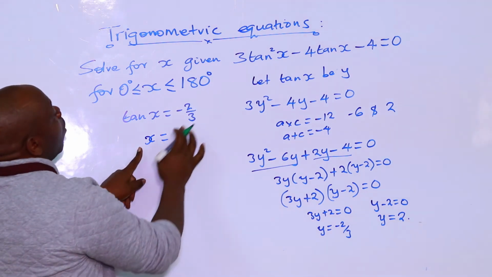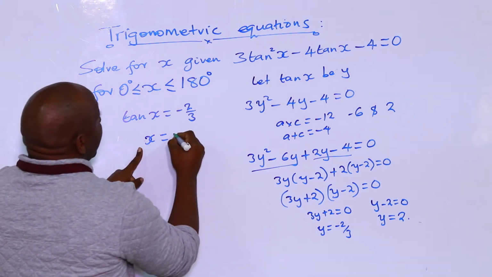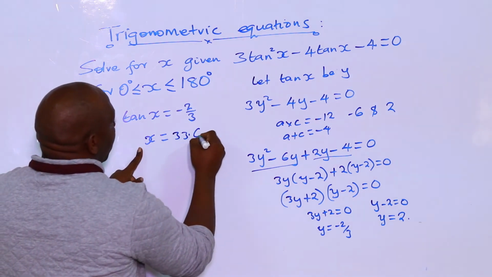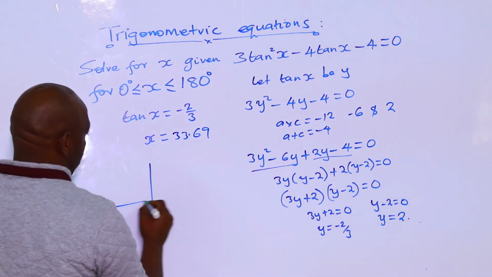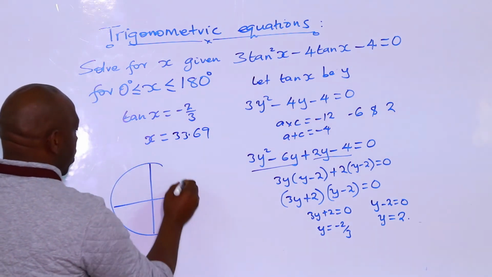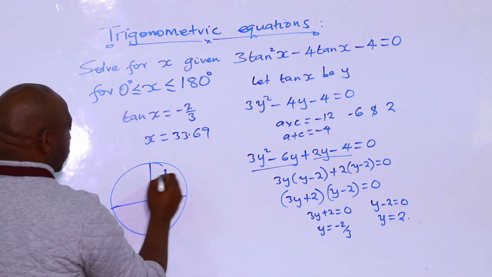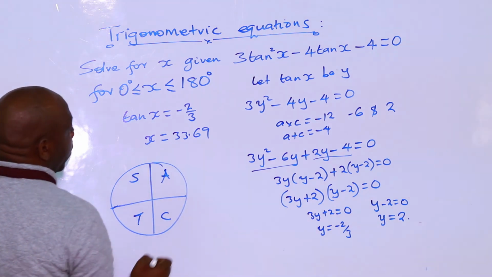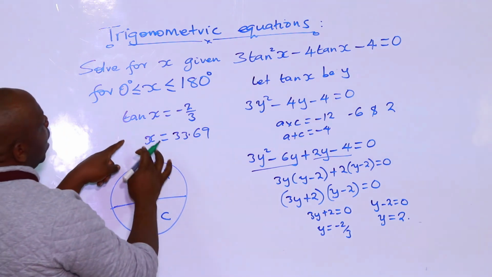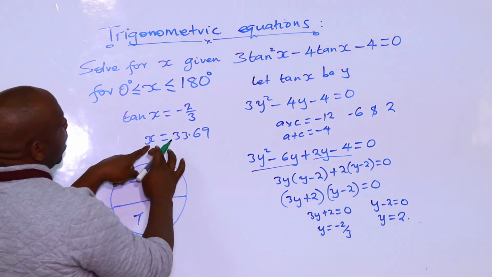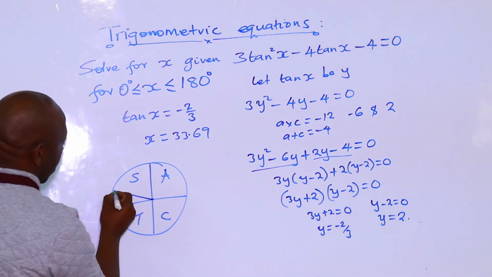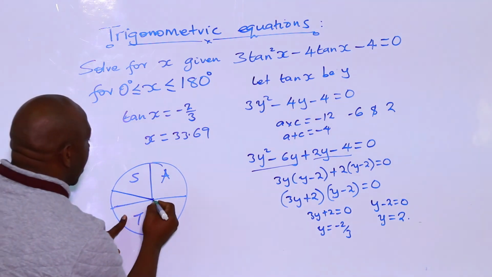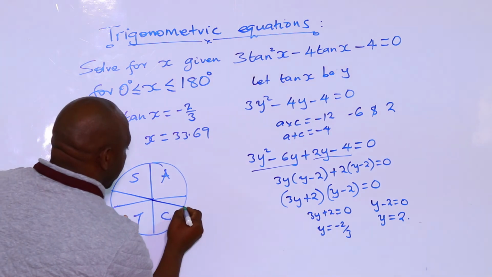So tan inverse of 2 over 3 will give us 33.69. And if you draw your unit circle there, you can clearly see that where tan is negative, it can only be in quadrant number 2 and the fourth quadrant.